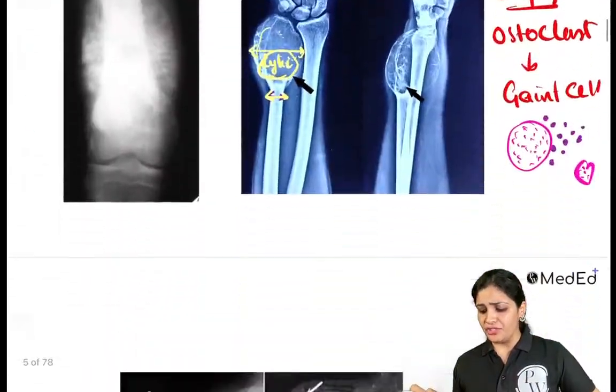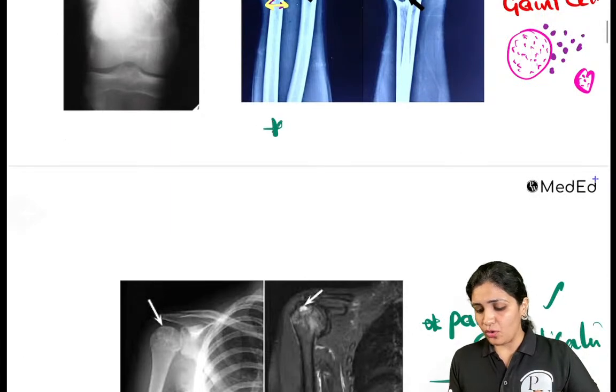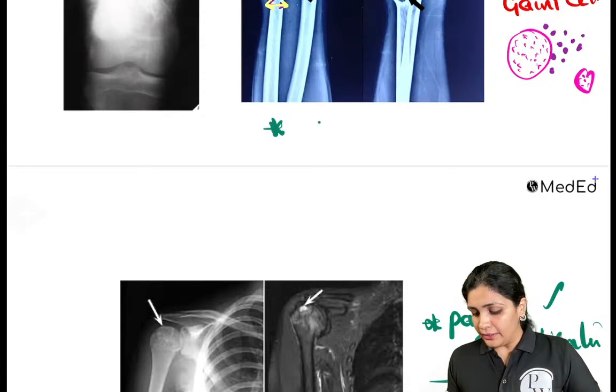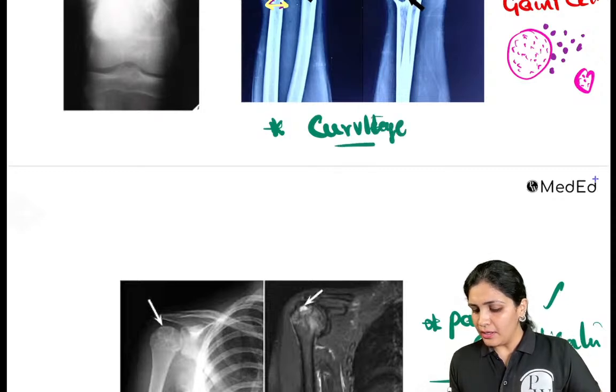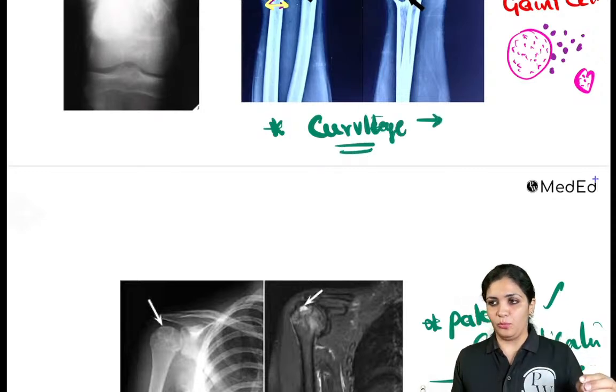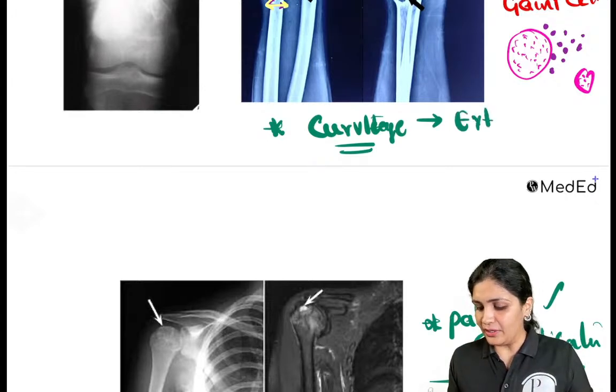The treatment of the giant cell tumor is called curettage. But this curettage is not simply removing, it is extended curettage. What do you mean by extended curettage?